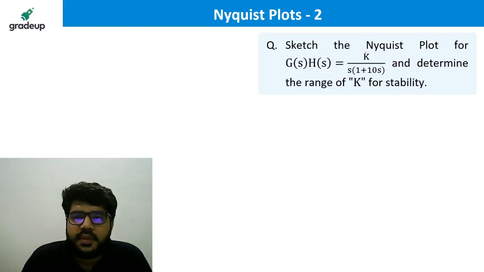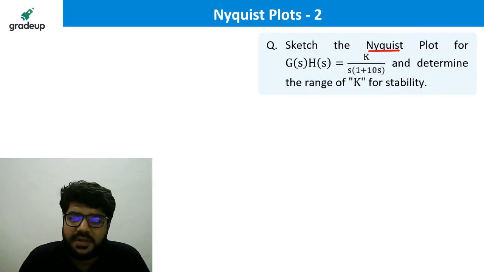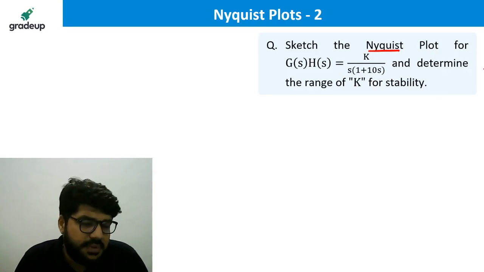Okay. Sketch the Nyquist plot for G(s)H(s) equal to K by s(1 plus 10s) and determine the range of K for stability.